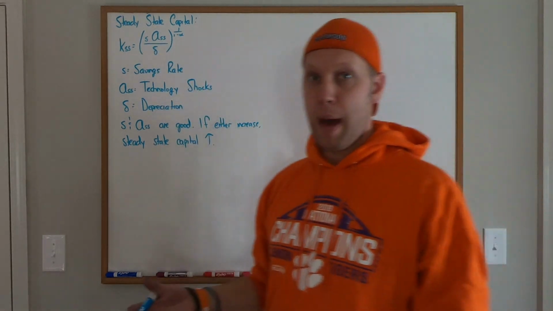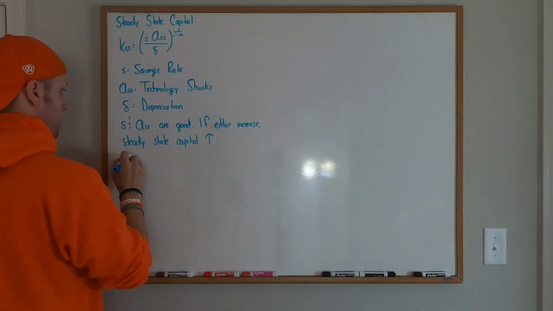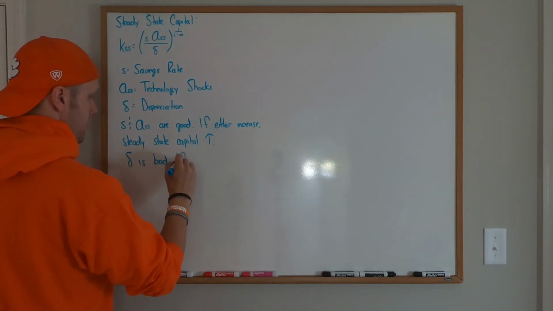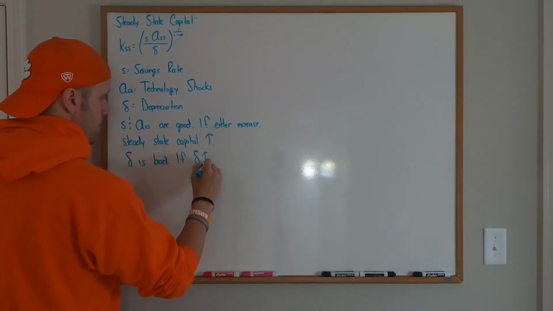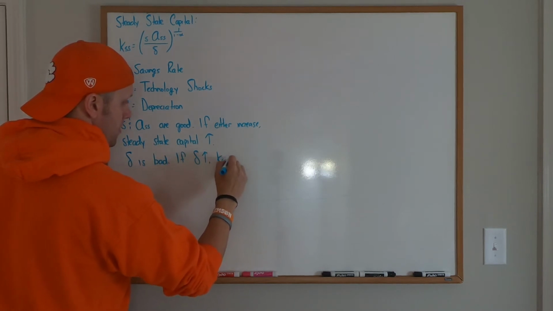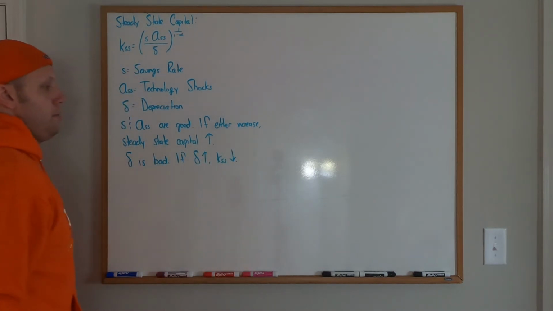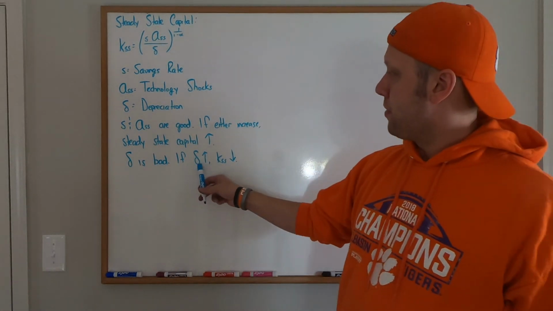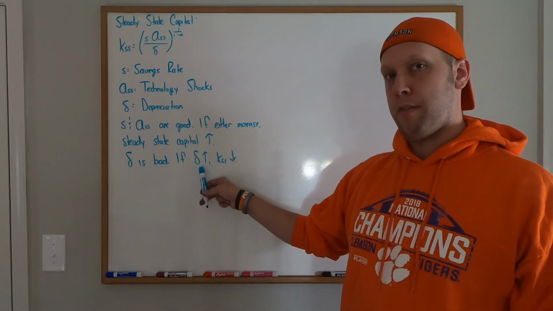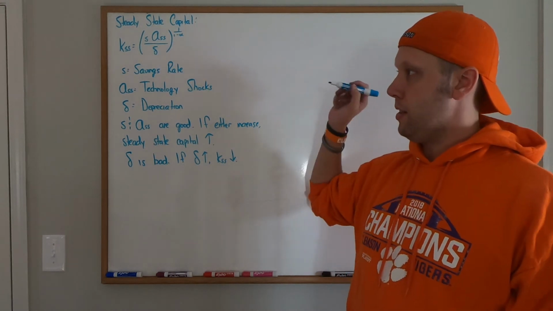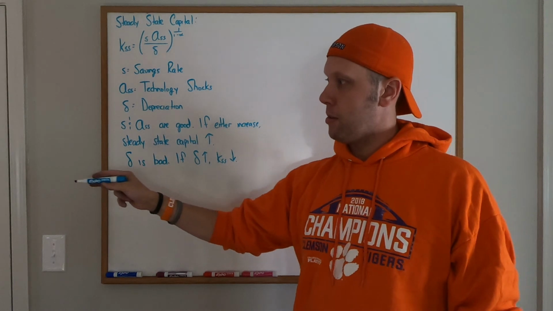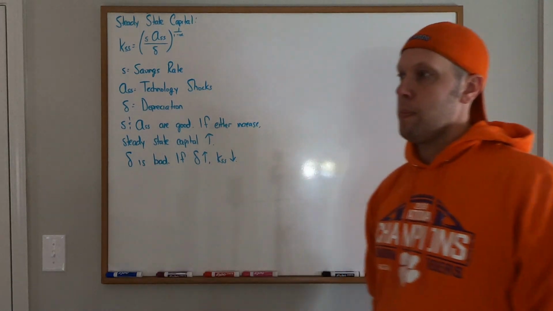Delta, on the other hand, is bad. Delta goes up, steady state capital falls. Because if capital's falling apart faster, right, the steady state level of capital will be lower.